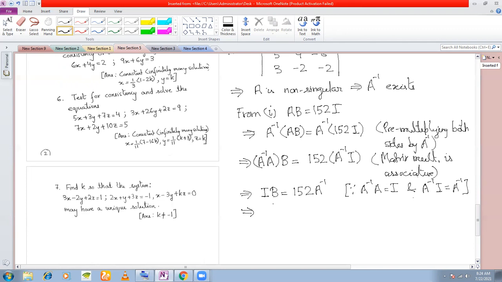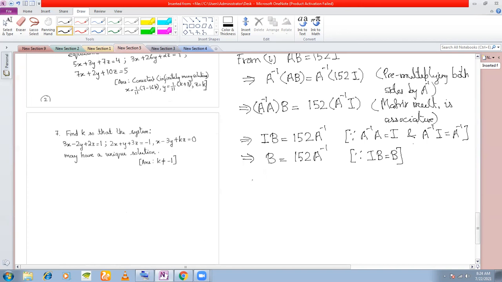Similarly here IB, if I'm multiplying the identity matrix with B, it will give me back the matrix B, is equal to 152 A inverse, since IB is equal to B. That means A inverse is equal to 1 by 152 times B. Okay, so that means A inverse is 1 by 152 times the matrix B.